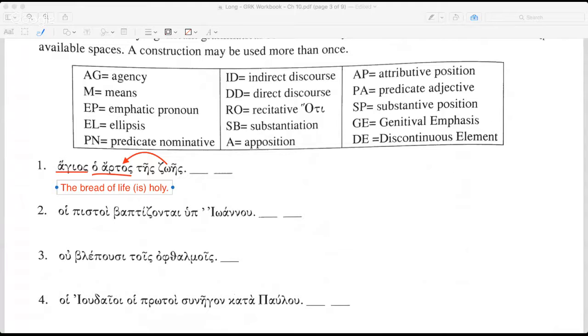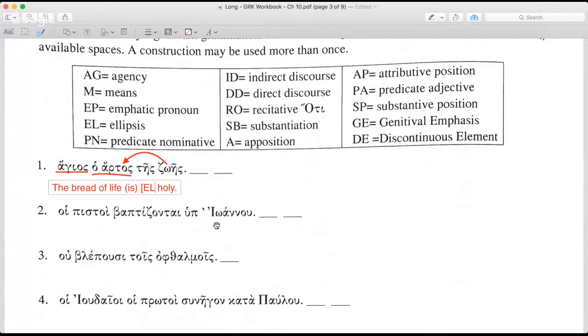Regardless, what grammatical elements do we see here? Ellipsis. We do have ellipsis. So what we'll do is, I'm trying to click on the wrong thing.